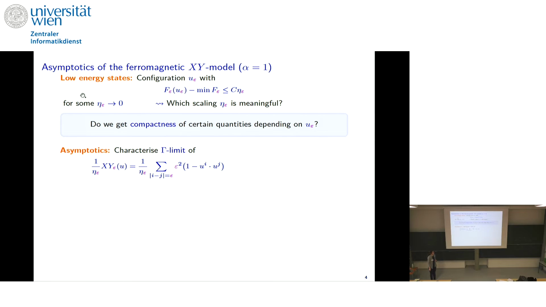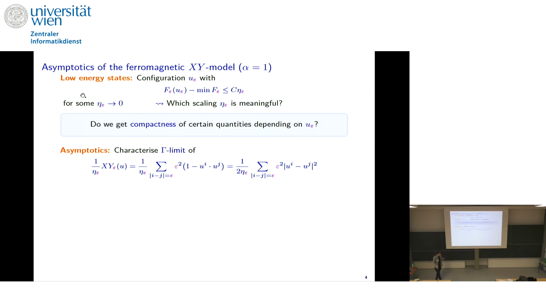And there is a nice trick that you can do using that your u takes values in S1. You can rewrite this expression in a way of finite differences. Just expand the square here using that u takes values in S1, and you will end up here.